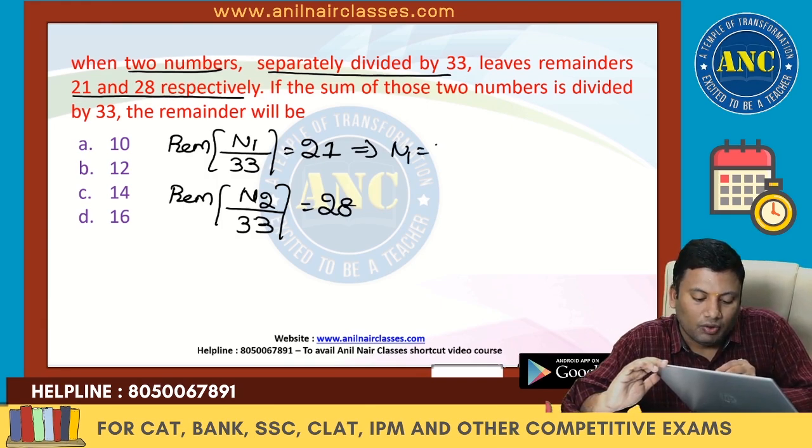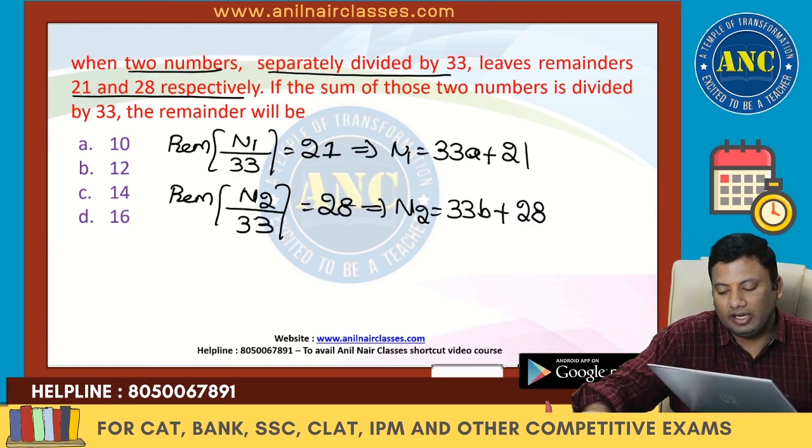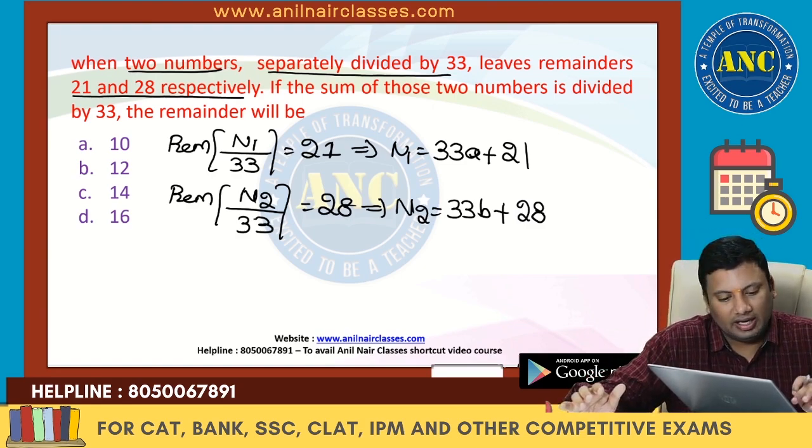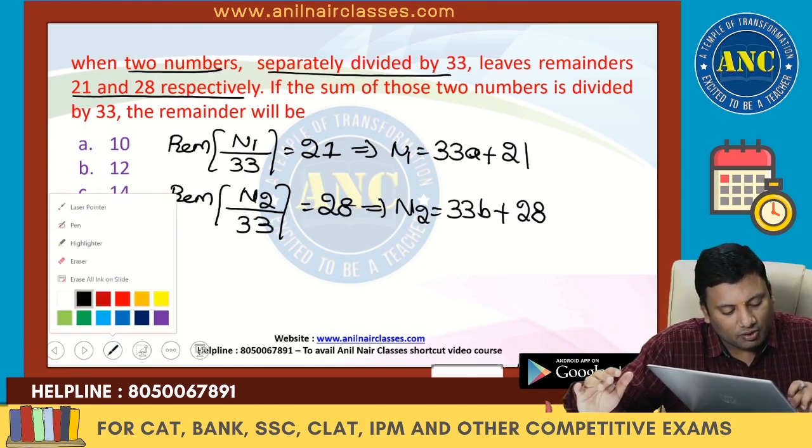Dividend equivalent to divisor into quotient plus remainder. 33a plus 21, 33b plus 28. Now, what is the question that he is asking? Please read the question once.